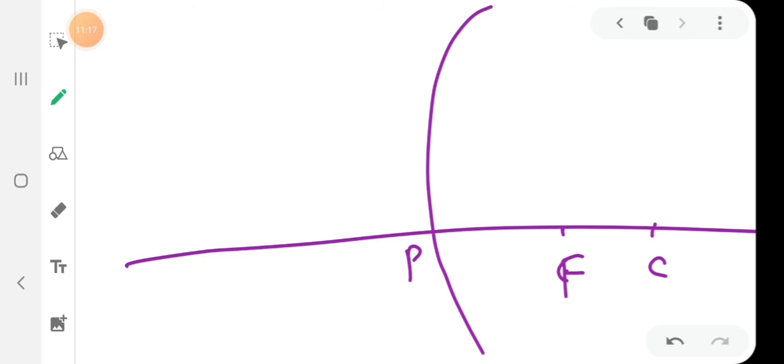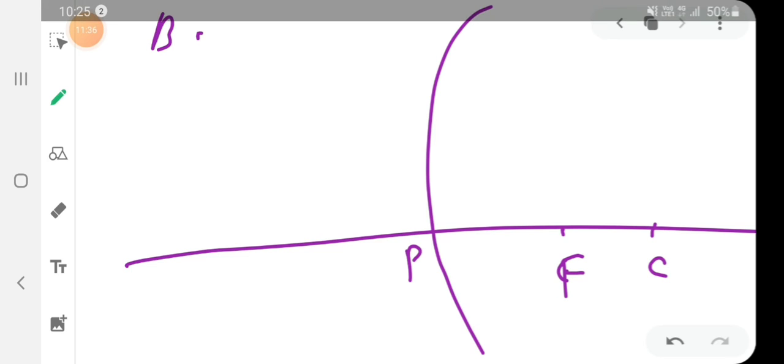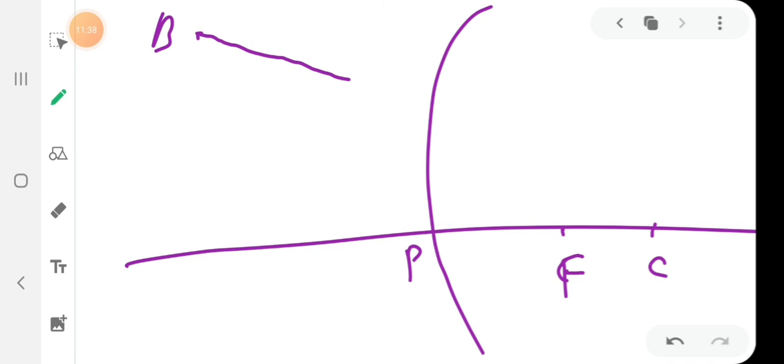So now using the rules, rule 1: the incident ray falling on it comes from any kind of object. Suppose let us imagine over here, from here the ray is falling. So when this ray is falling, the incident ray from point B falls on the mirror at point D.